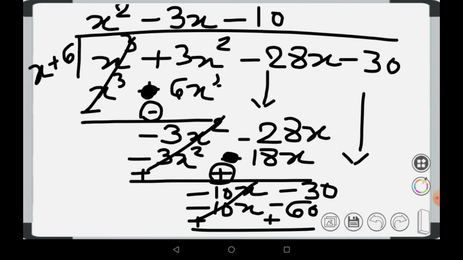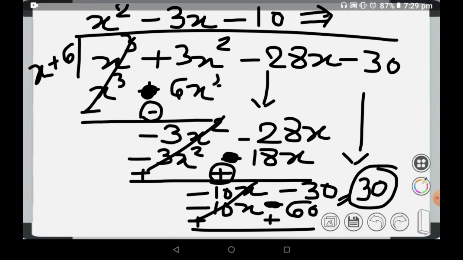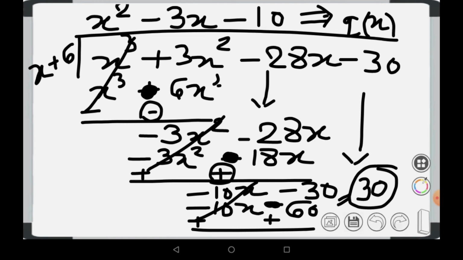Minus 30, we'll forget the previous sign now. Minus 30 plus 60, the remainder would be 30. So this is your remainder r of x. This is your quotient. We write it as q of x. This is how you solve this.